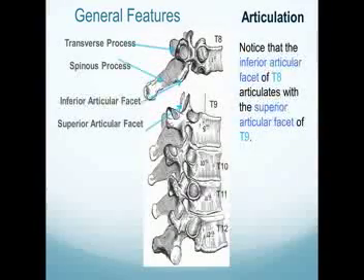So here, in this example, we're linking T8 to T9. If we were to look at T9 to T10, we'd have the inferior articular facet of T9 articulating with the superior articular facet of T10, and then subsequently down the vertebral column.